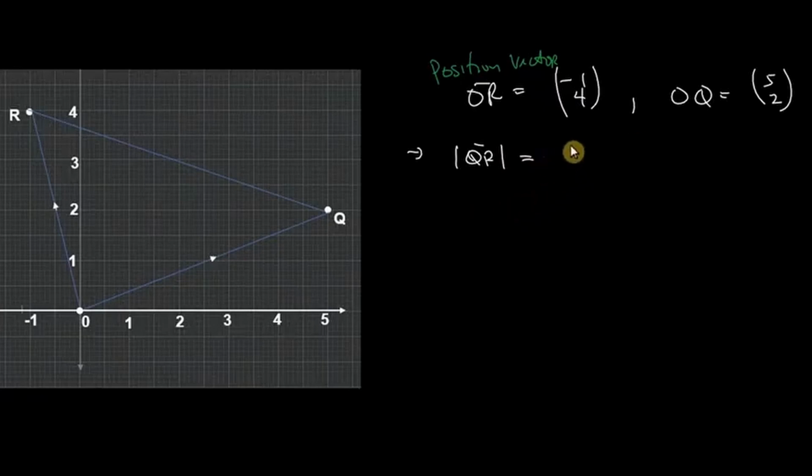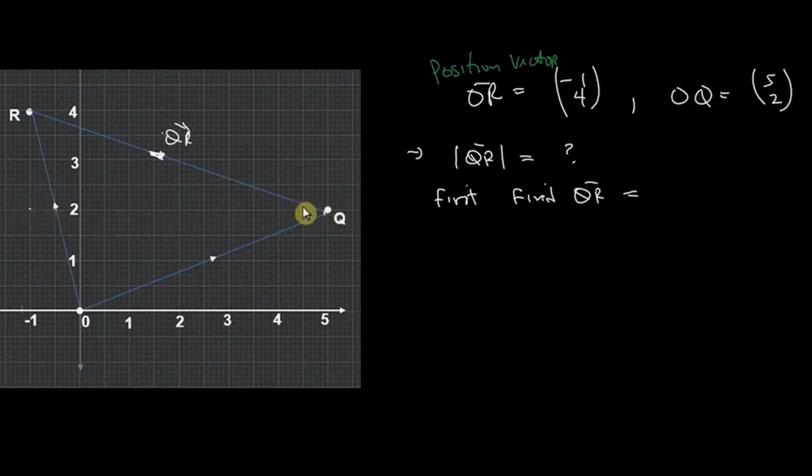First, let's find the vector QR. So the vector QR is simply the vector going from Q to R, which is this vector here in this direction. We're going from Q to R, not R to Q, which is quite different. So let's take the horizontal component of that vector. So we're going to start from here and move to the left all the way out to this point.